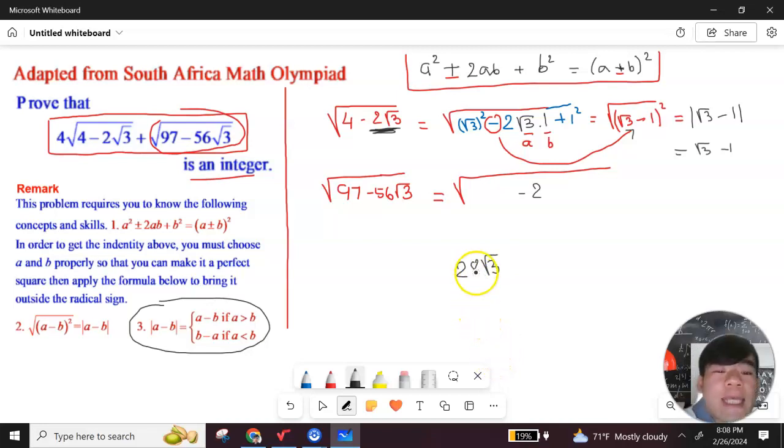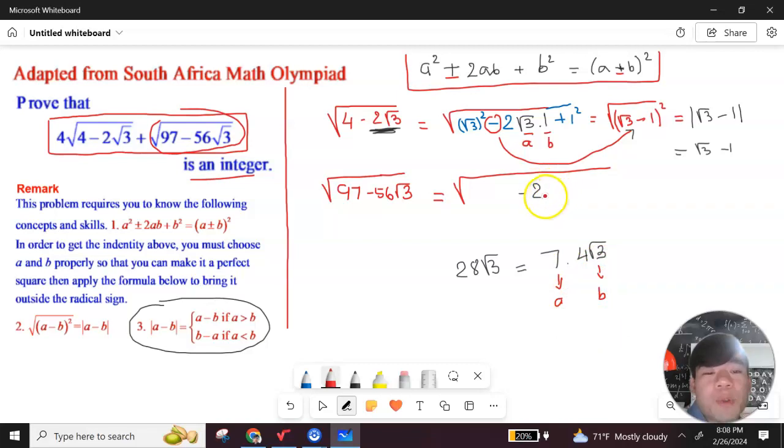So you need to find a and b so that when you square a and square b and add them up, they equal 97. So this one I just write as 7 times 4 times root 3. Now I can choose a equal 7, b equal 4 root 3.